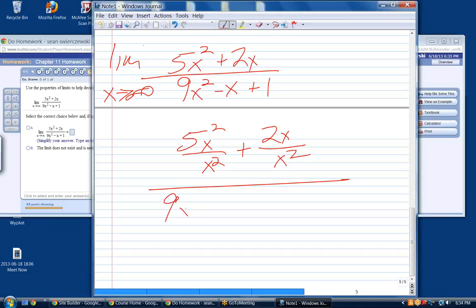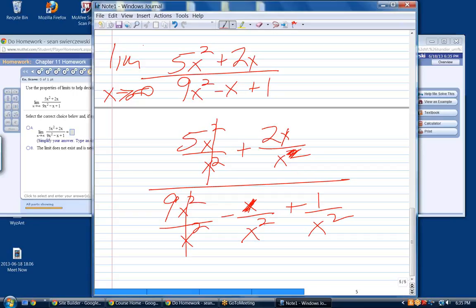So this becomes this. Agreed that we can do that? Yeah. Okay, what happens is those cancel. That cancels with that. Those cancel.